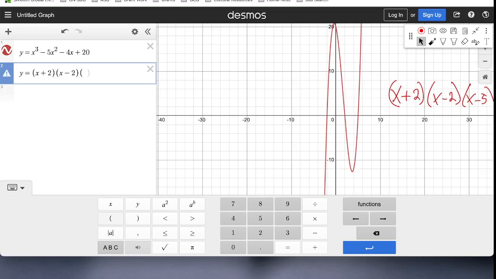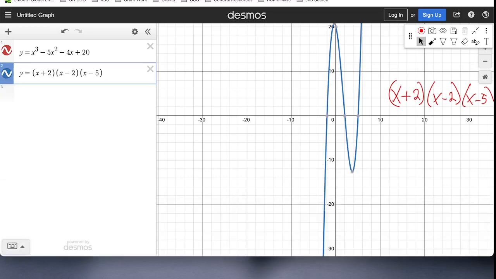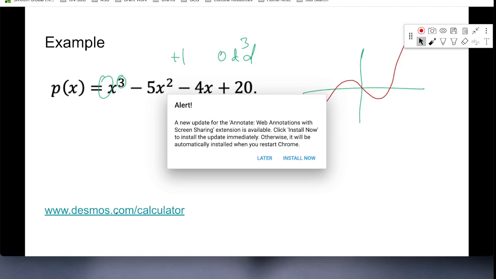Okay, and then x minus 5. And see, it's right on top. If I turn it off, we've got the red, turn it on. So the factored form and the non-factored form of the polynomial.